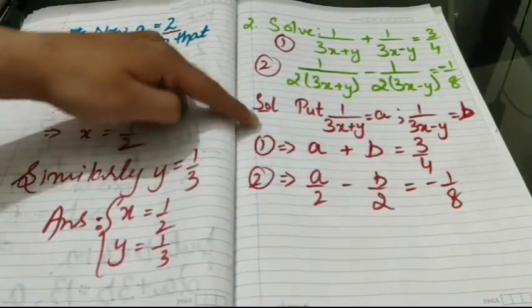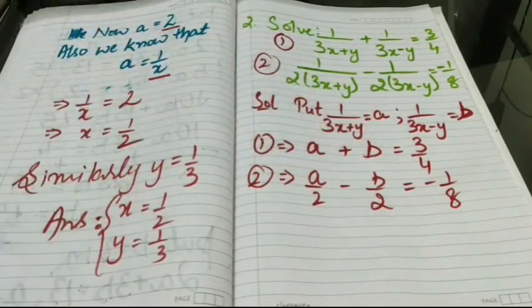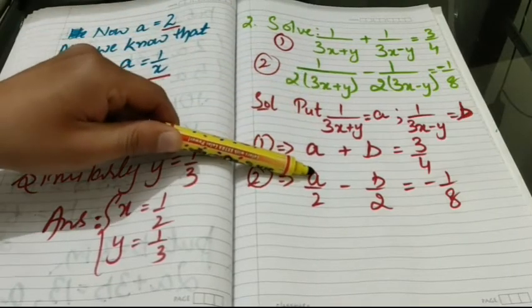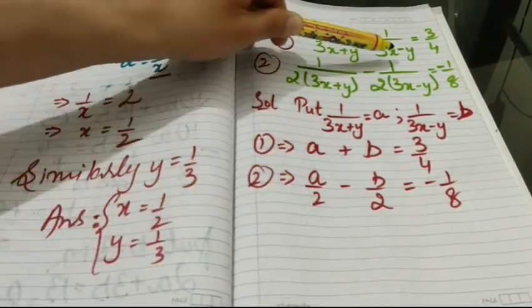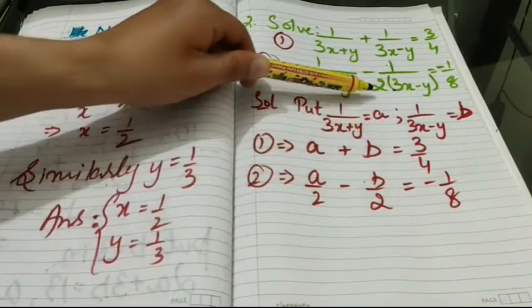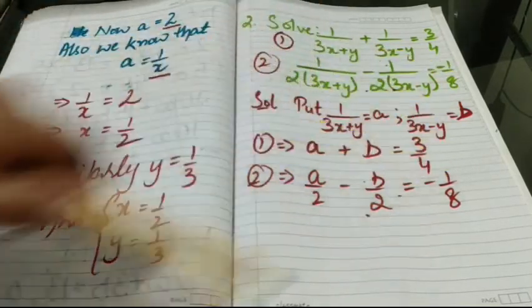Since we have replaced 1 upon 3x plus y by a, that is why only 1 upon 3x plus y should be replaced by a. Upon 2 will remain as it is. In the same way, 1 upon 3x minus y should be replaced by b, and upon 2 will remain as it is, equals minus 1 upon 8.